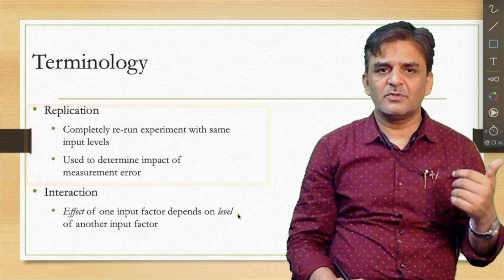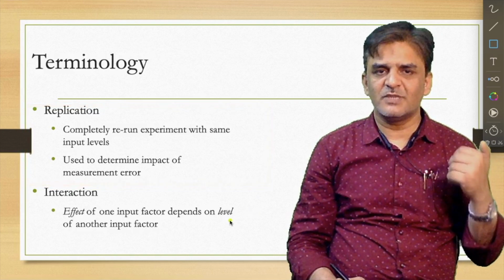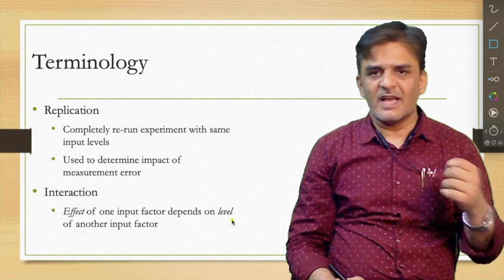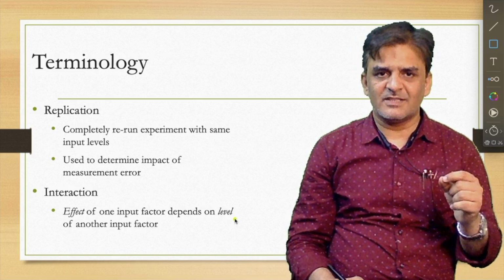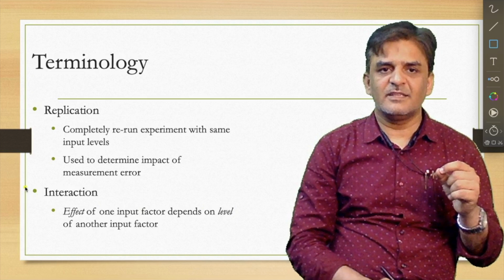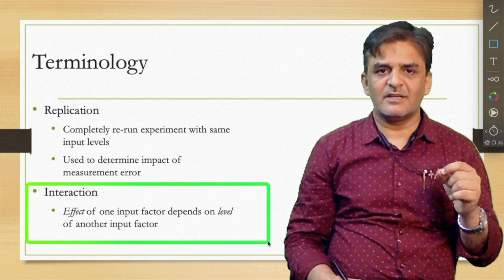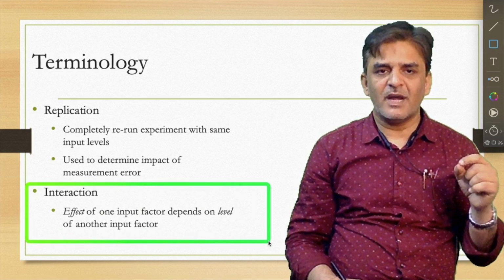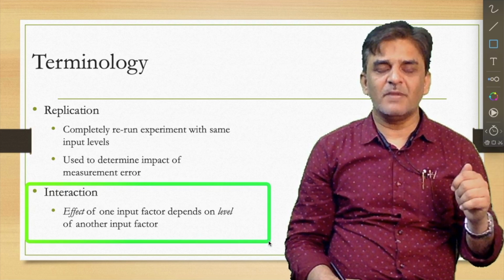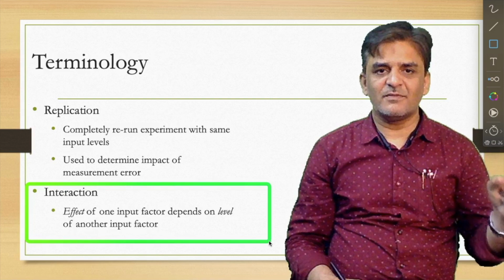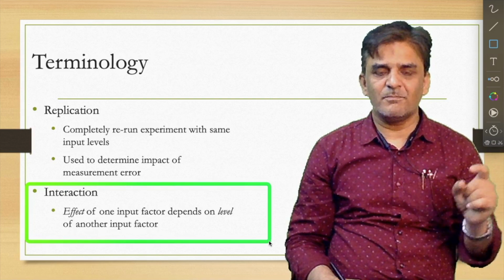If there are two variables, for example, we want to see the effect of temperature as well as the effect of pressure, then there is a possibility of an interaction effect. Interaction effect means the combined effect of pressure as well as temperature may not be the same as the effect of temperature plus pressure.